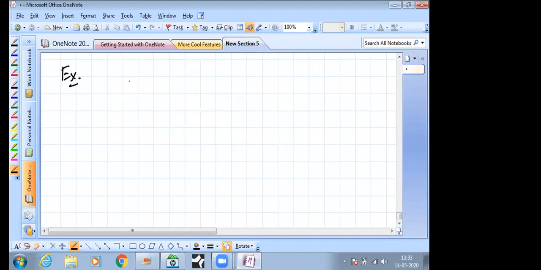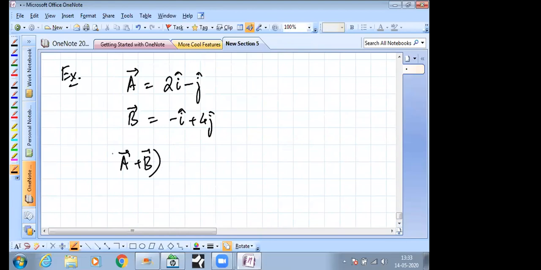So for example, if I have a vector A which is, let's say, 2 i cap minus j cap, and I have a vector B which is, let's say, minus i cap plus 4 j cap, and I ask you to find the vector A plus B. So in terms of formula, remember, this is (Ax plus Bx) i cap plus (Ay plus By) j cap. This is the formula for it.